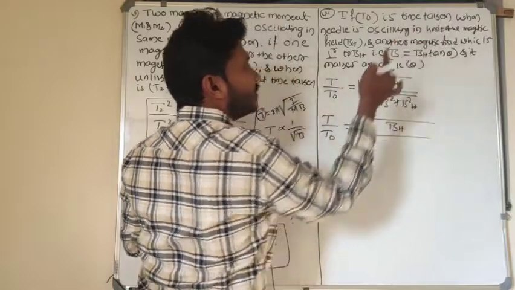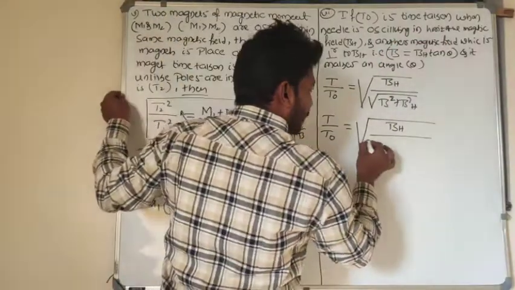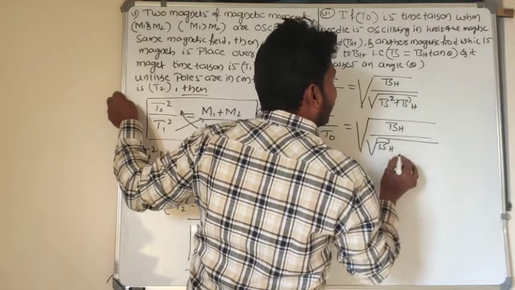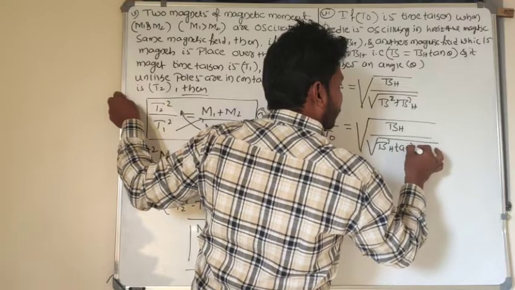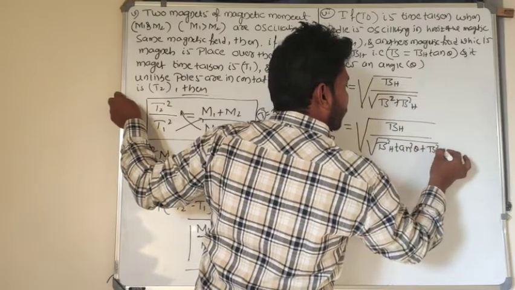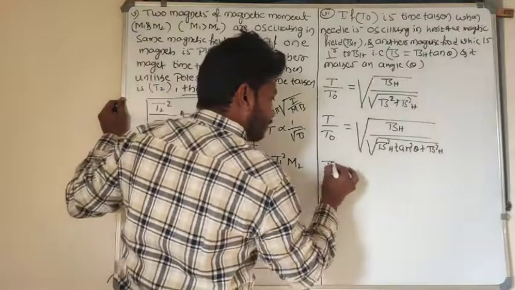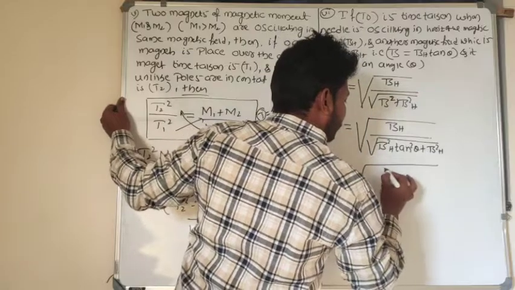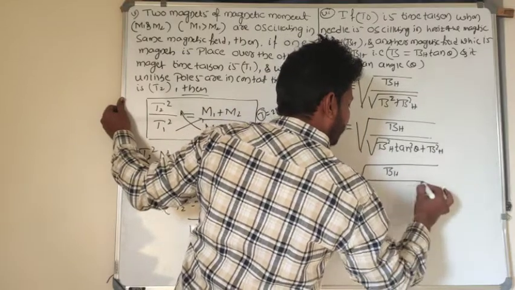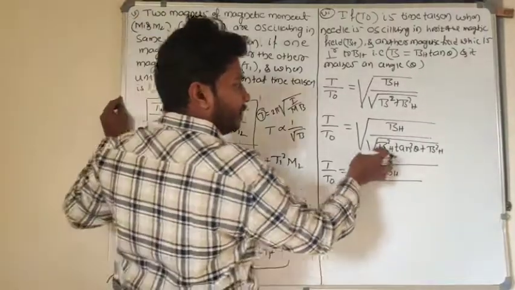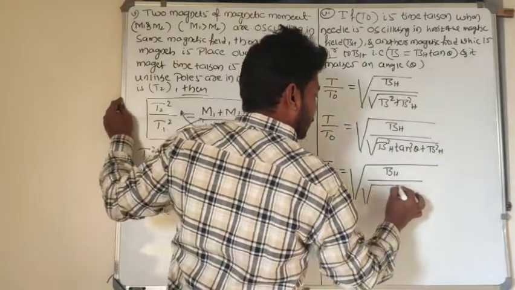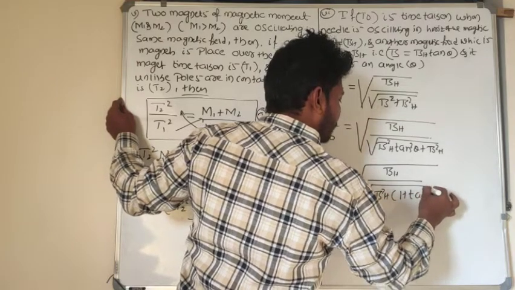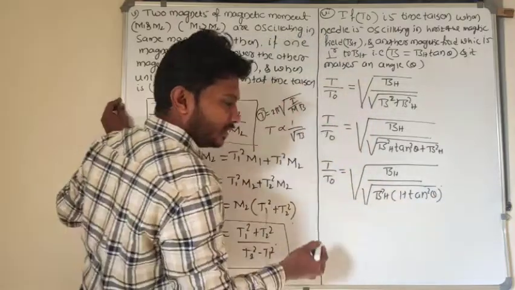B which is equal to B of H tan theta, square root of B square H into tan square theta plus B square of H, we can take it here, T by T naught, which is equal to square root of B of H whole divided by B square of H. Shall I take it as common here? B square of H, which is 1 plus tan square theta here, right?